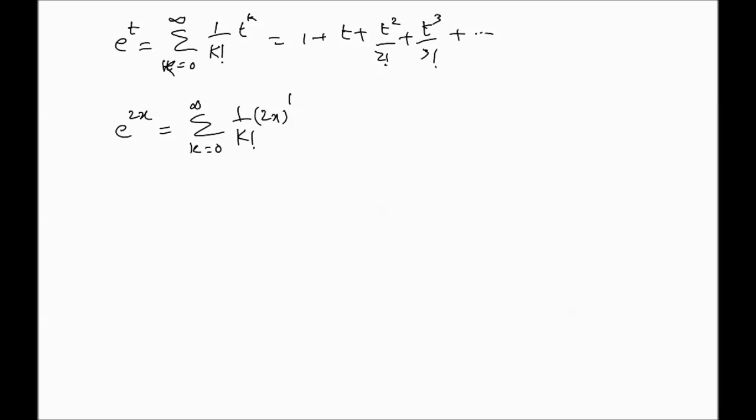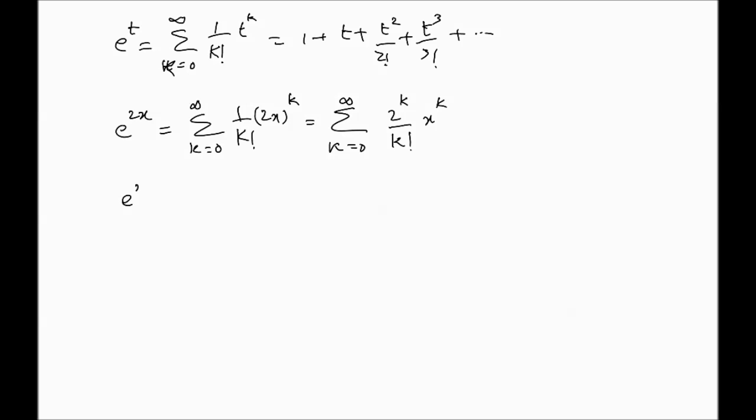So it's 2x to the k, which means this becomes the sum from k equals 0 to infinity of 2 to the k over k factorial times x to the k. So that becomes your Taylor series. Now you can just replace the t in there to see it term by term.